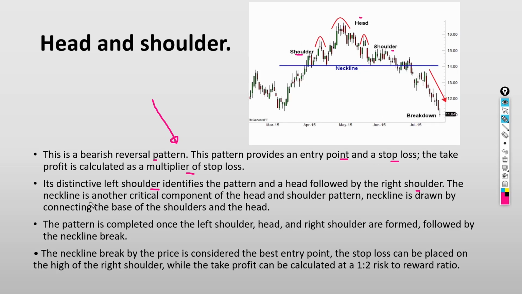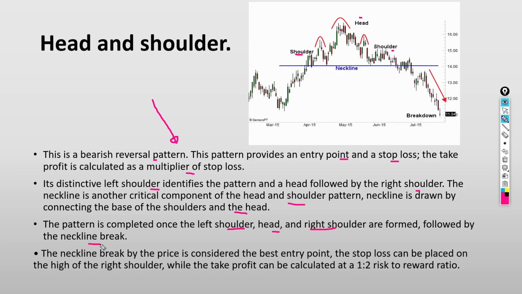Okay, and then the neckline is another critical component of the head and shoulder pattern, and the neckline is drawn by connecting the base of the shoulders and the head. So the pattern is completed once the left shoulder, head, and right shoulder are formed, followed by the neckline break.